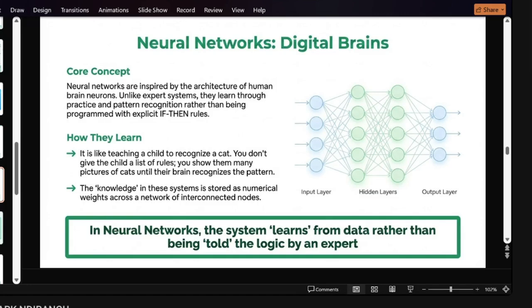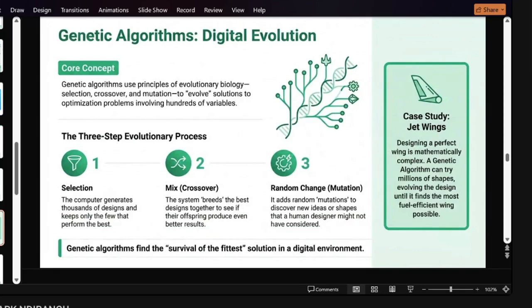On to the next. So there's also genetic algorithms, which is the higher form of reasoning for knowledge systems, in layman's terms, digital evolution. The genetic algorithms use principles of evolutionary biology, such as selection, crossover, and mutation, to evolve solutions to optimization problems involving hundreds of variables. The three-step evolutionary process is, first of all, selection.